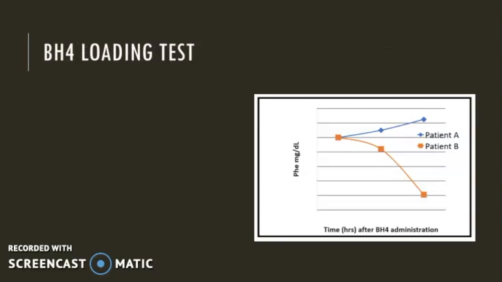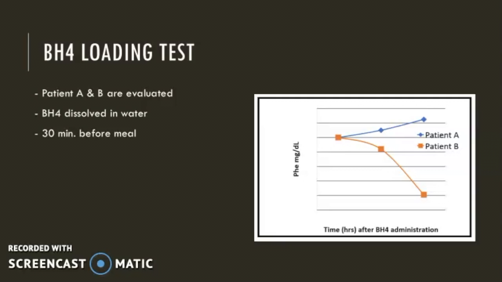Another infant, patient B, is being evaluated for suspected PKU. The BH4 loading tests are performed on both, and the results are shown here on this chart. For the BH4 loading test, BH4 tablets are dissolved into water and administered 30 minutes before the meal.